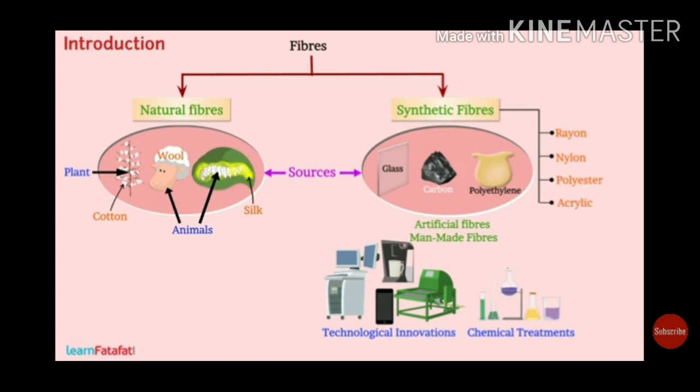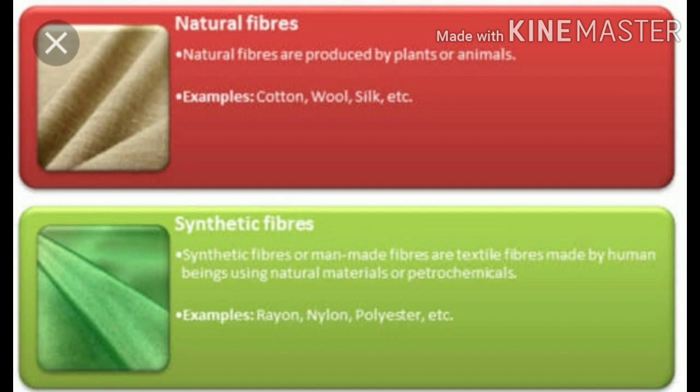Thus, these are called natural fibres. But there is another type also, the artificial fibre, which has another name, synthetic fibres. This is the topic of discussion in today's class.